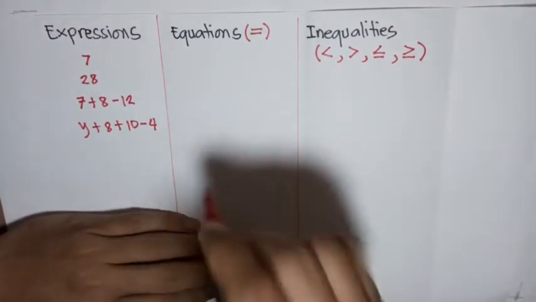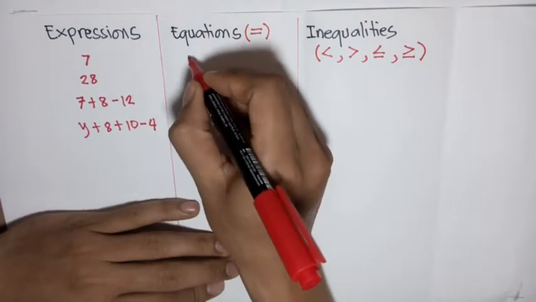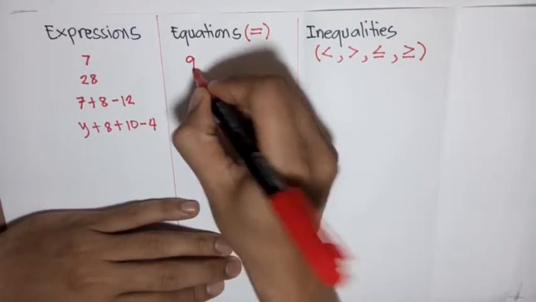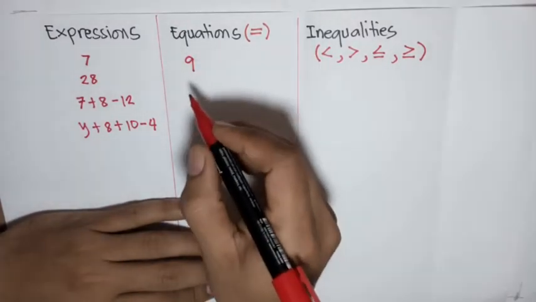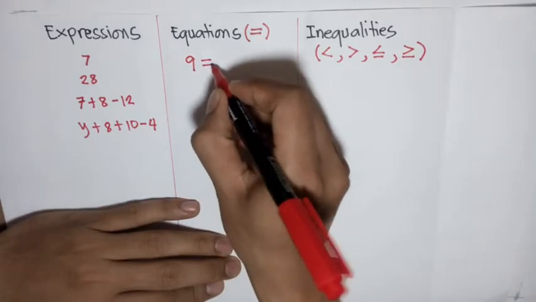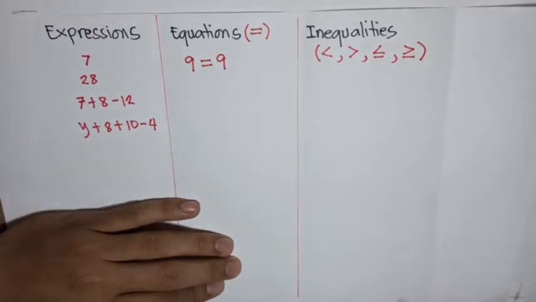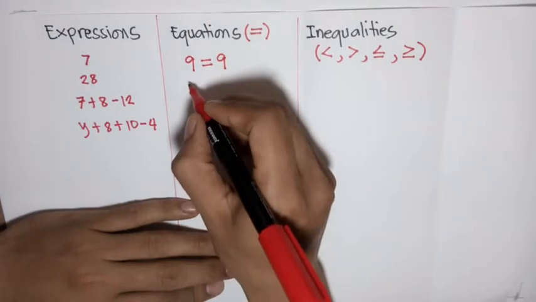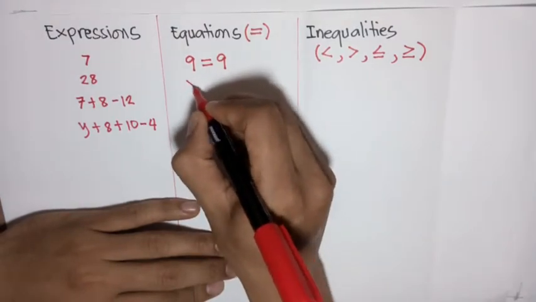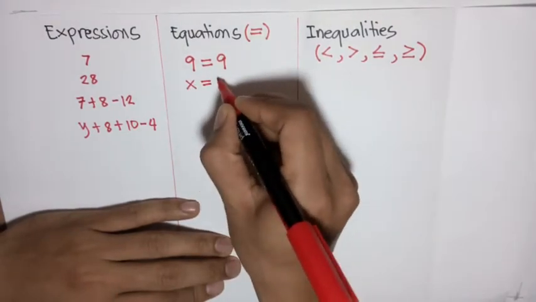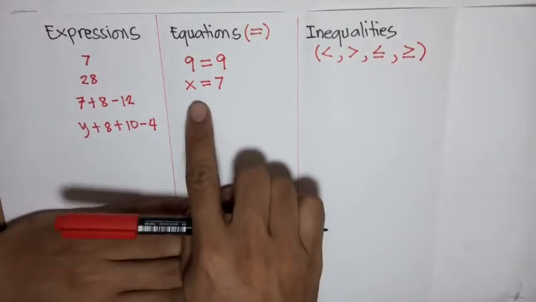Let's go on equations. For example, if I have 9, 9 is equal to 9. It's an equation. Another, x is equal to 7. It's also an equation.